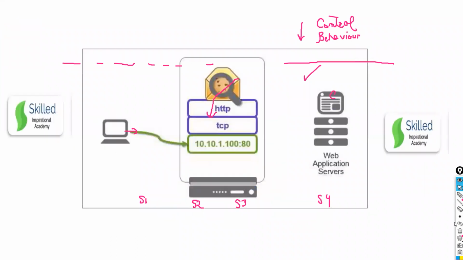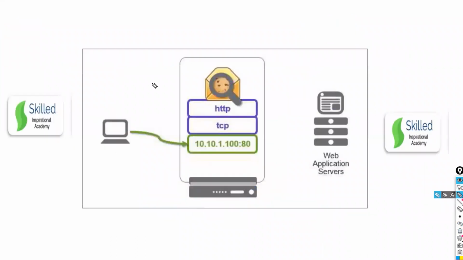So guys, here is a pictorial representation which will show you. This is F5, this is your web servers, and this is your client. Can you see this? When traffic is coming, it checks whether it's TCP traffic or HTTP traffic. Once you call in a profile, F5 will see inside the packet.